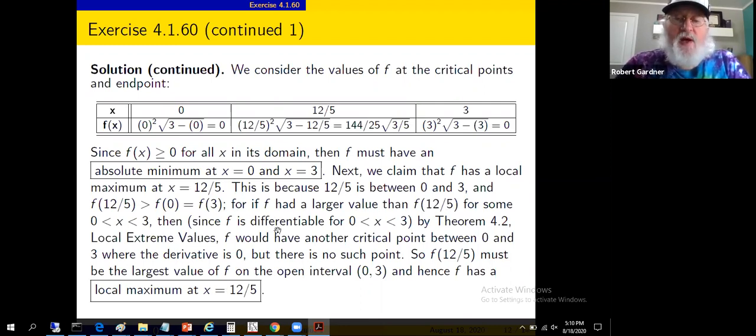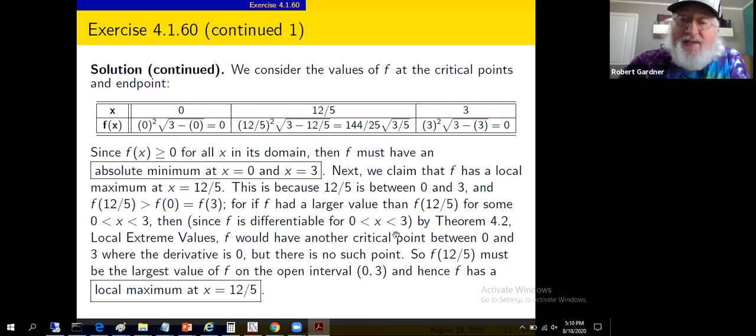For differentiable functions, and this is differentiable on these interior points of the domain, differentiable functions will have critical points where the derivative is 0. That's what Theorem 4.2 said. So if there was another place where the function had a local maximum other than at 12/5 between 0 and 3, we'd have another critical point where the derivative is 0, because this function is differentiable between 0 and 3.